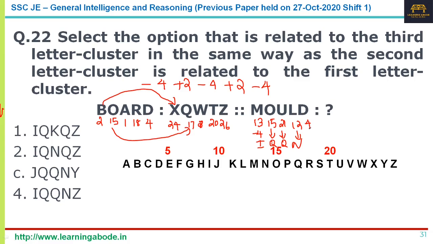Now question number 23, it's a direction based question. It says Nine is 21 meters north of Pavan.